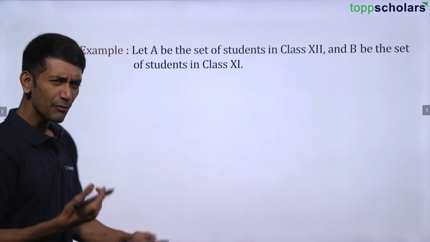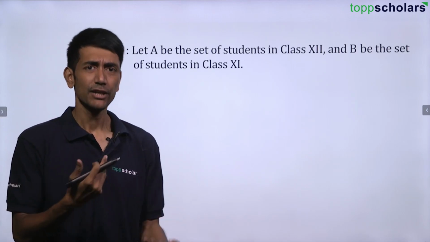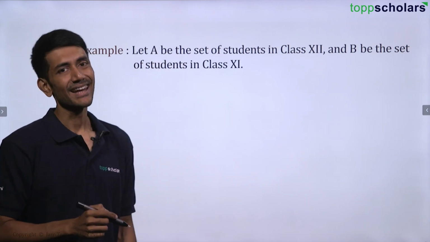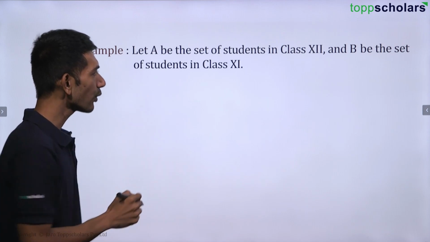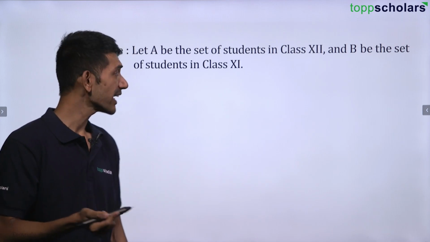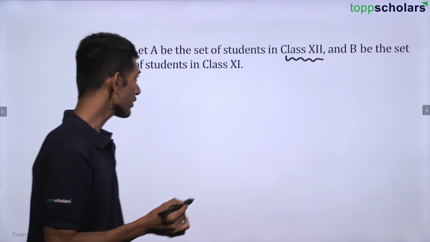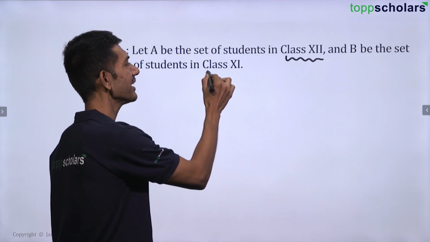Okay. Now let us have more examples of relations. So the example is: let A be a set of students in class 12, right? So A is the set of students of grade 12, and B is the set of students in grade 11.